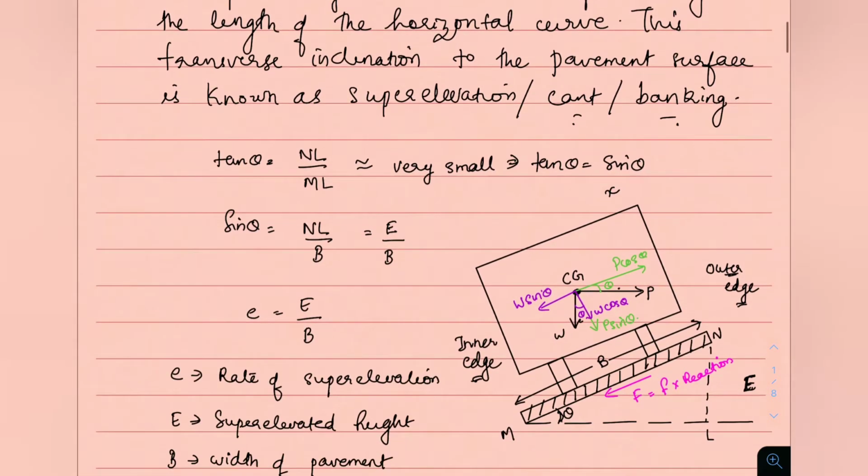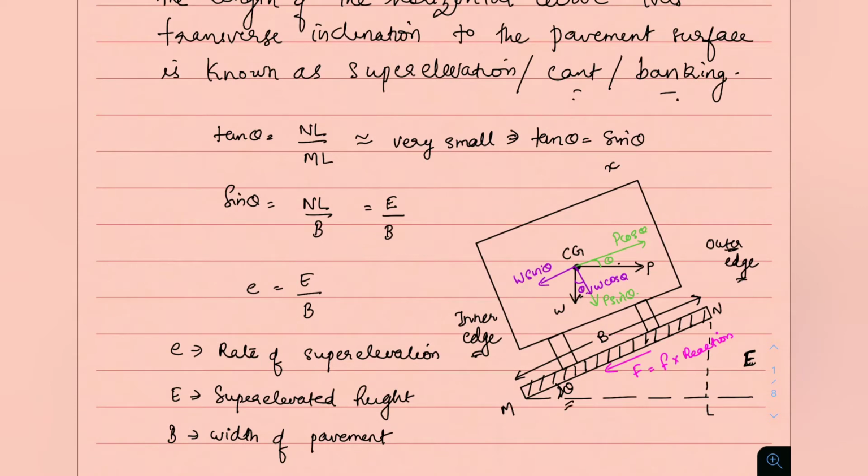Okay, see this theta. Theta is called the rate of superelevation. So from this figure, tan theta will be equal to NL by ML. If we denote NL as capital E, that is the value of superelevation, then E by ML will be tan theta.